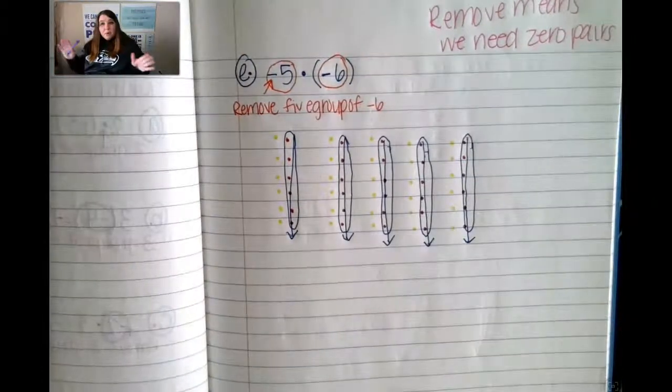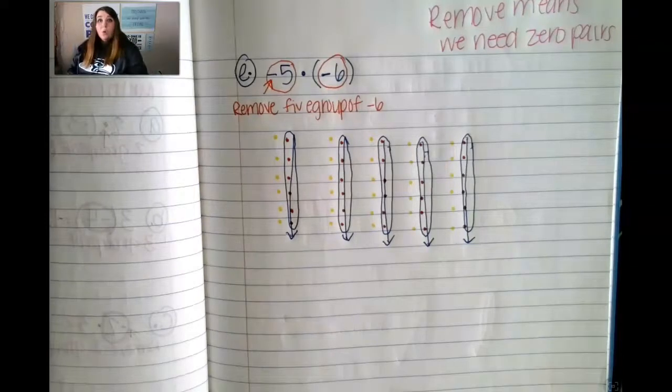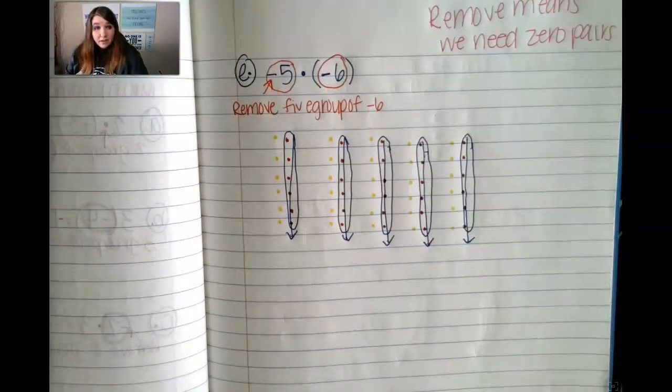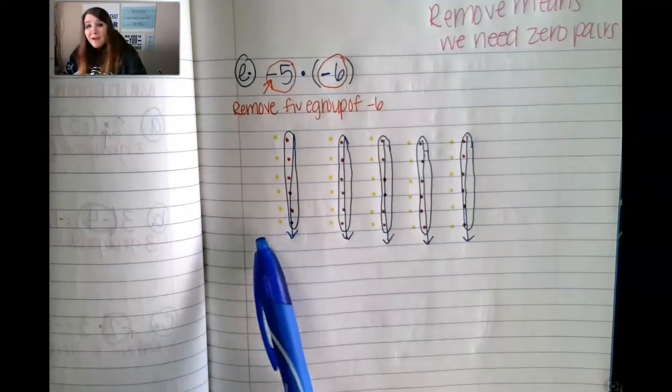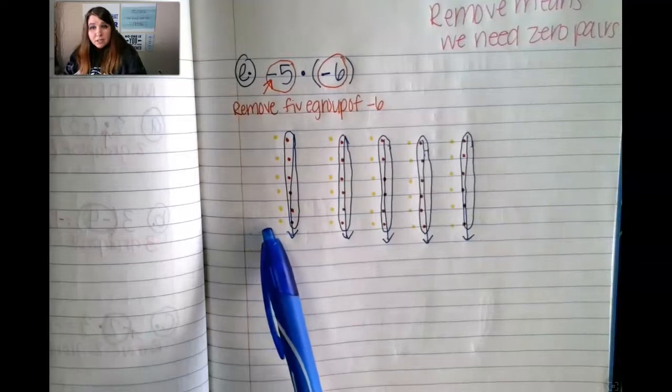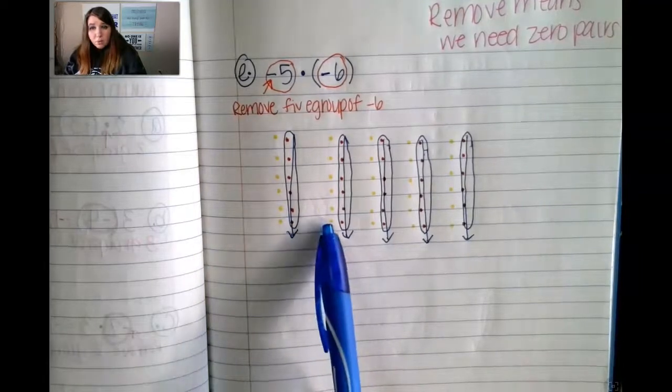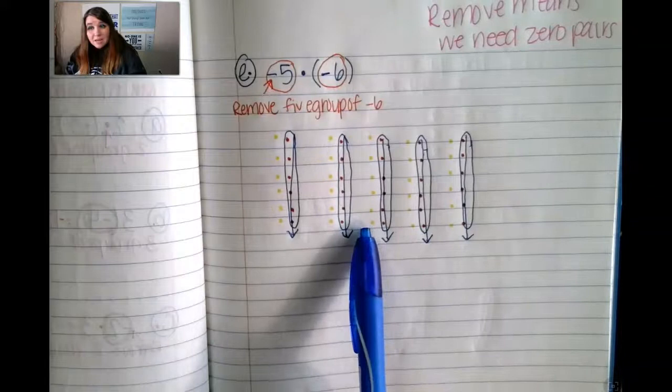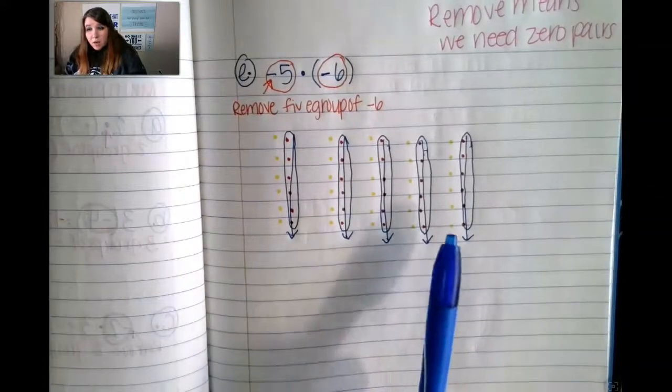Okay, now we're going to see what we're left with. We are left with positives. Look at all these yellows. I have 5 groups of 6 yellow chips. 6, 12, 18, 24, 30.